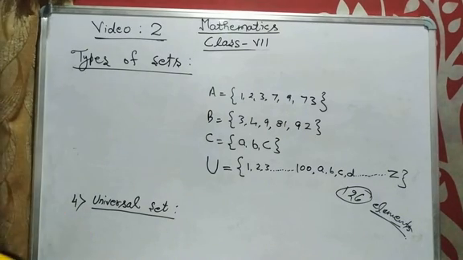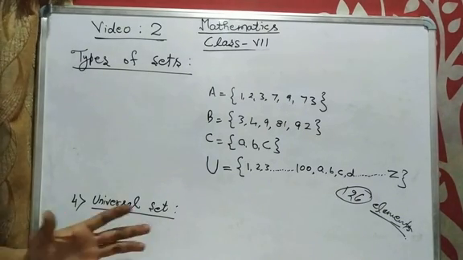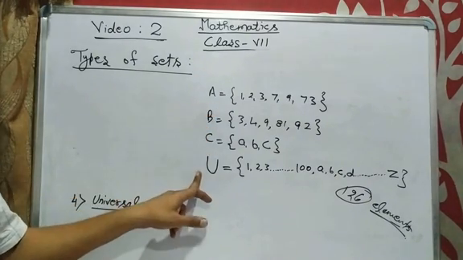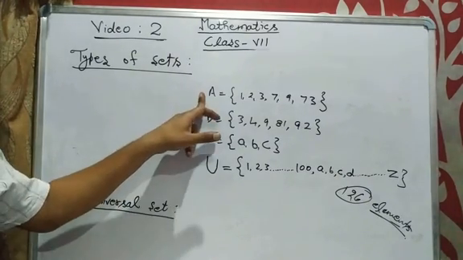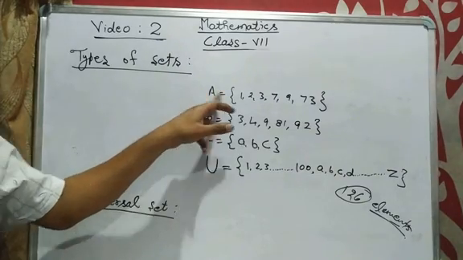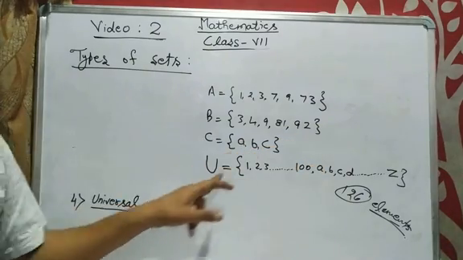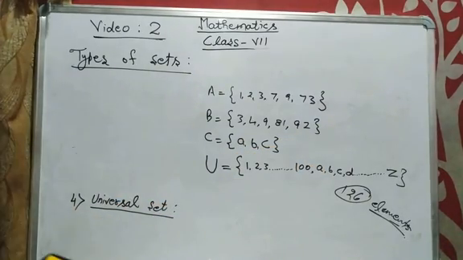So students, till now we have learned how to represent a set and what the types of sets are. Sets are represented by capital letters, and elements are separated by commas. These are the tabular form, and the set builder form I told you recently.